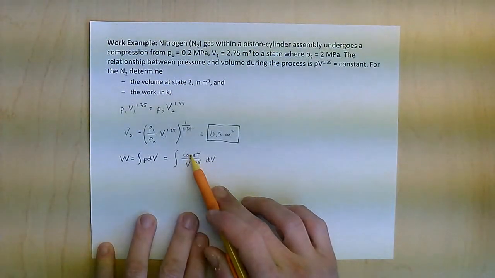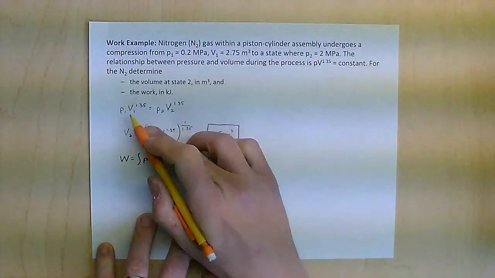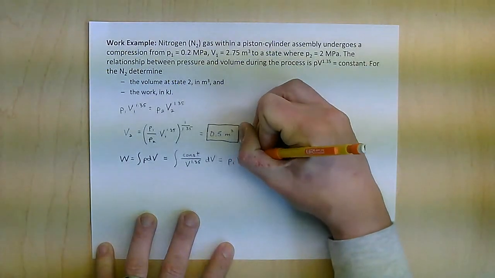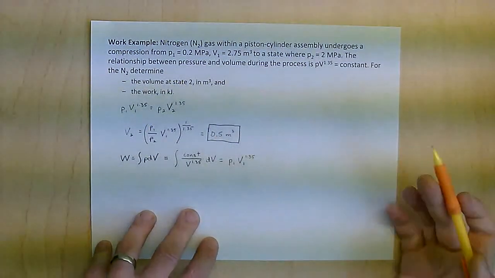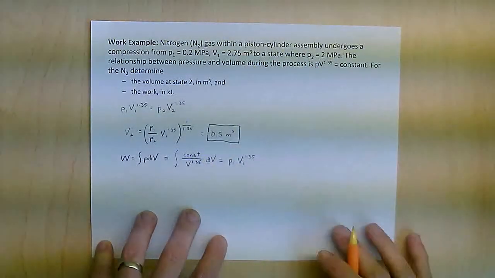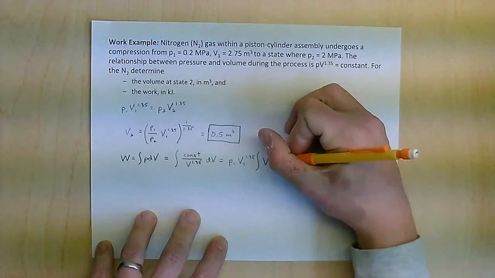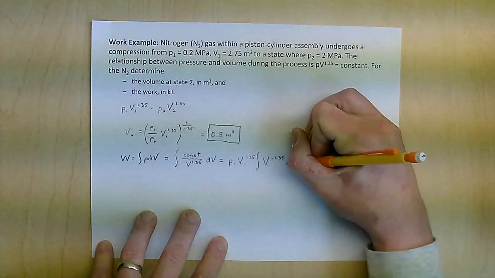Now, of course, constants can come outside the integral, and that constant is going to be P1 V1 to the 1.35, right? Or I could have done P2 V2, but they gave me P1 and V1, so I'll use that, times the integral of the volume to the negative 1.35 dV.